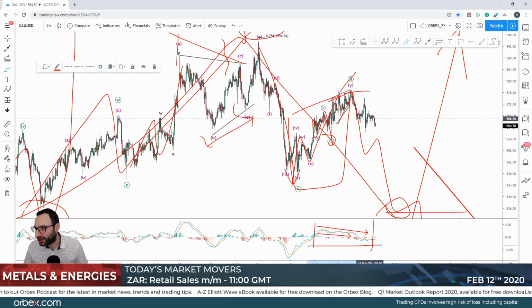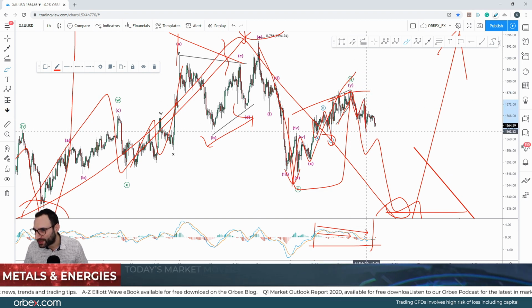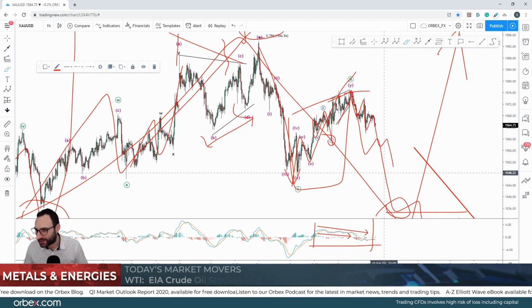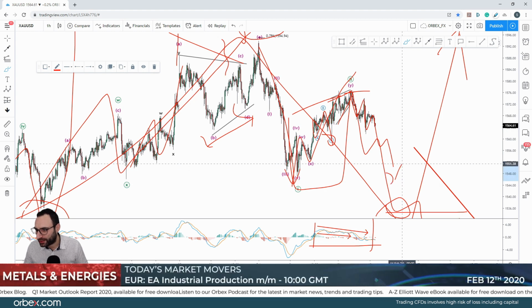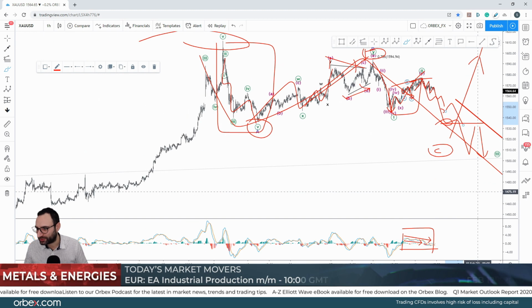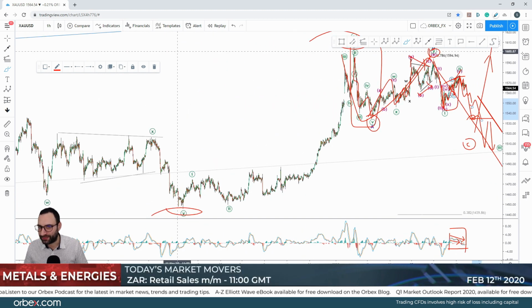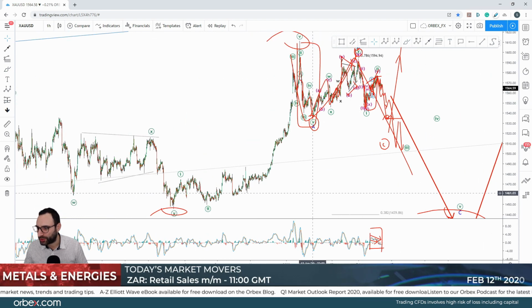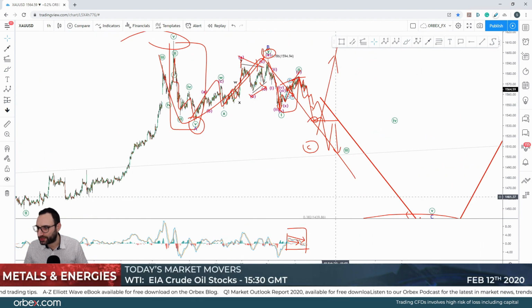Now, with wave 1 being done, this sort of pattern indicates that we're going to see a smaller degree impulse wave down here. That's going to be probably 3, then 4, and then 5, to complete that move to the downside, which I've said before, probably looking to go down to around 1447.